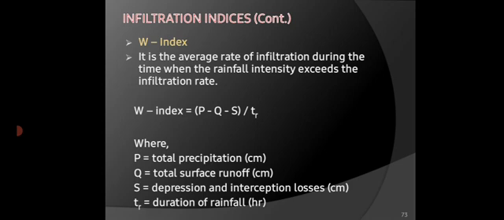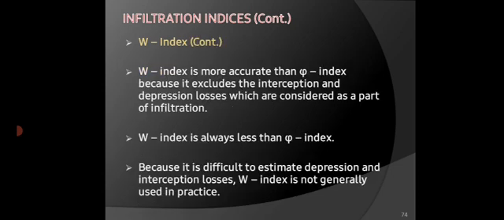So (P minus Q minus S) divided by total duration of rainfall is the equation of W index.